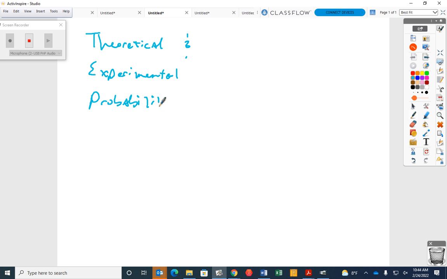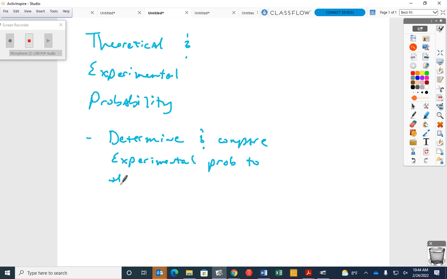Our objective is to determine and compare experimental probability to theoretical probability.